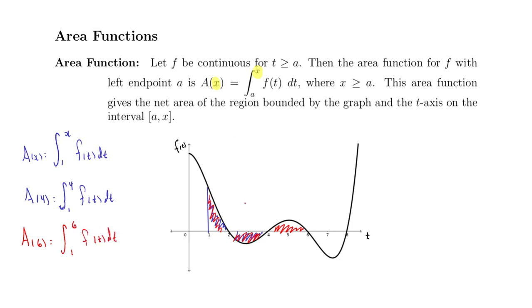Now, since I don't know what any of these sizes are, I actually don't know what these area function outputs are. But whatever they are, they're areas, right? We could go ahead and add in a little bit more all the way up to here, include all of these pieces, and we have A of 8, which is our integral from 1 up to 8 of f of t dt.